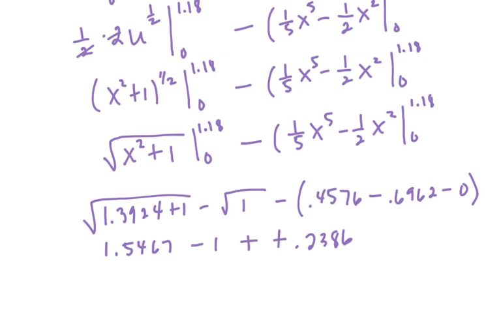So now we've got 1.5467 minus 1 is 0.5467 plus 0.2386 for a grand area of 0.7853.